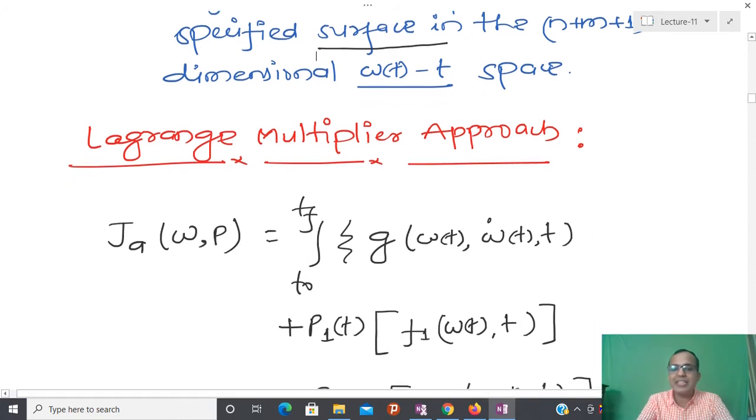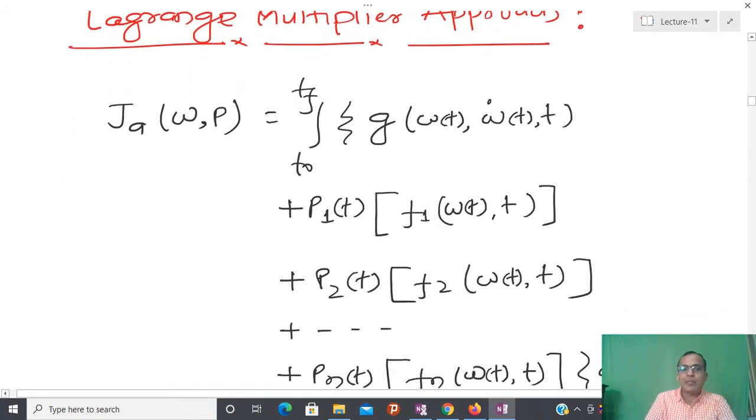So here again, I am going to define some kind of augmented function with the help of a Lagrange multiplier. If you see the optimization problem of the functional, note that here I have taken p1 as a function of time, p2 also a function of time, and pn also a function of time.